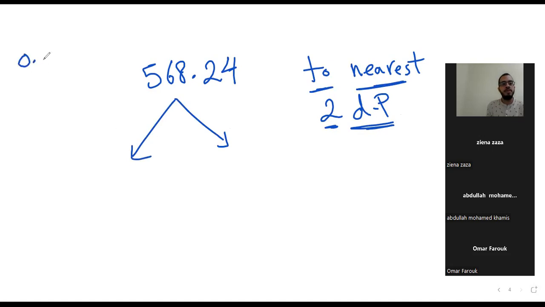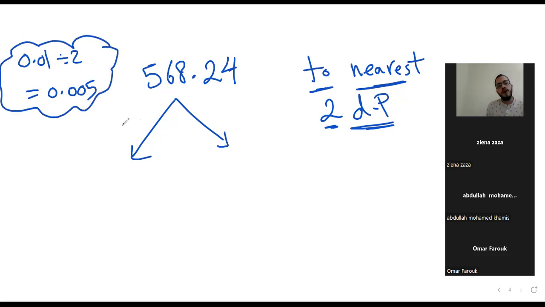Means 0.01 divided by 2, which is 0.005. Yes, 2 zeros.